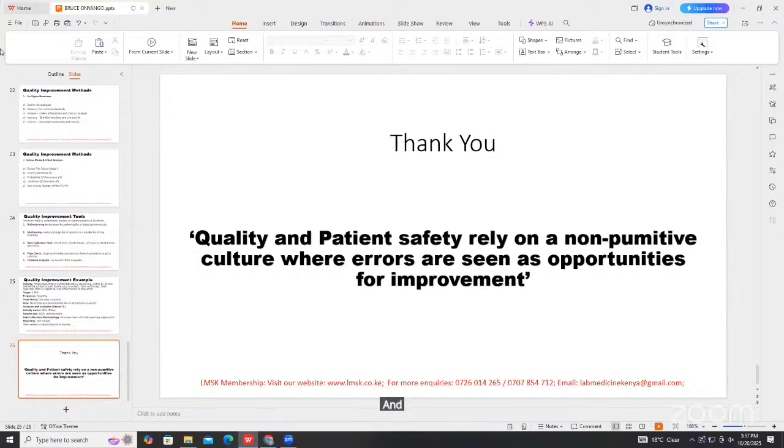Just as we discussed in our introduction, there is a quality healthcare and patient safety bill that is in our parliament for debate.